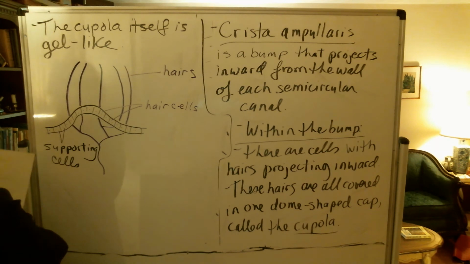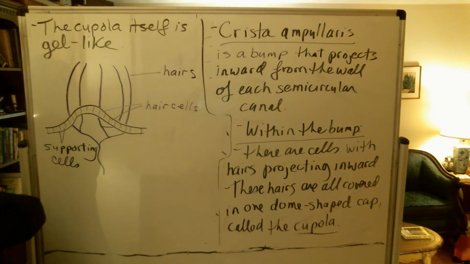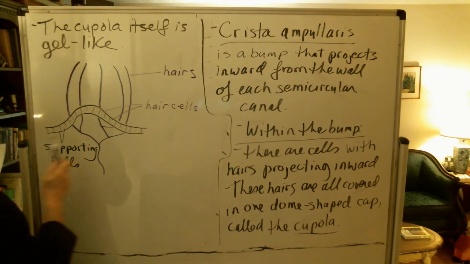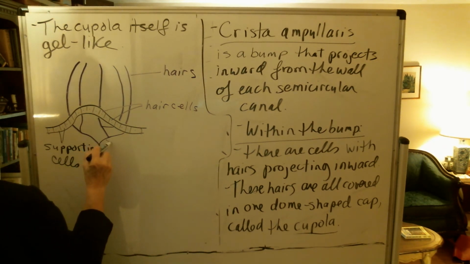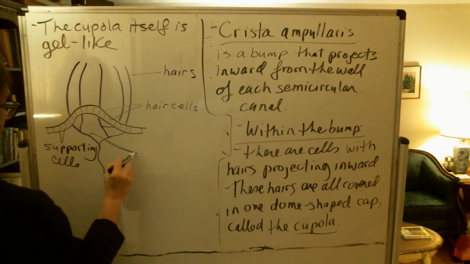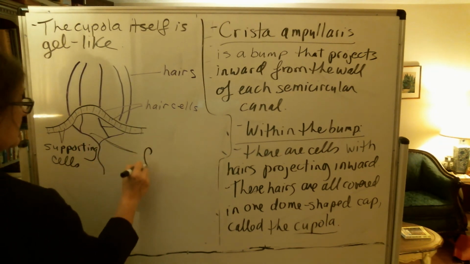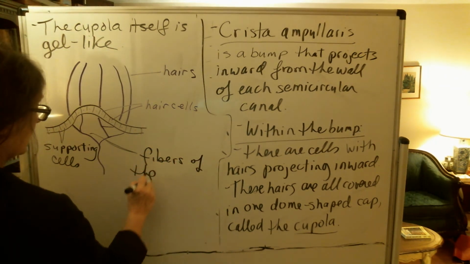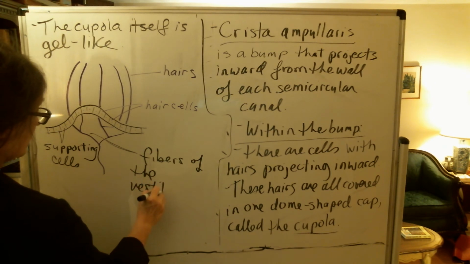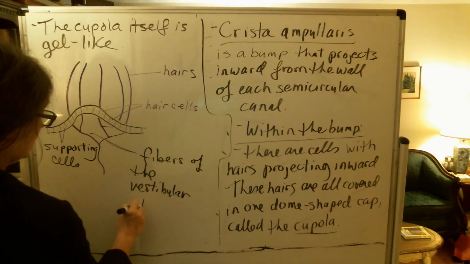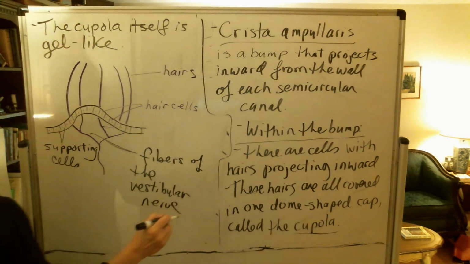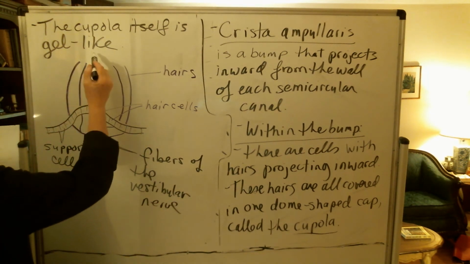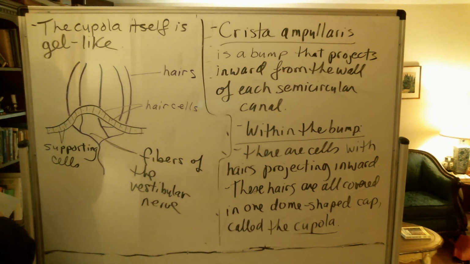I will label this in just so you can see what's going on. These are fibers of the vestibular nerve. And then we have this gel-like substance on the outside.